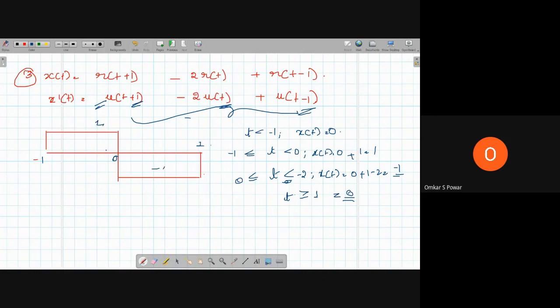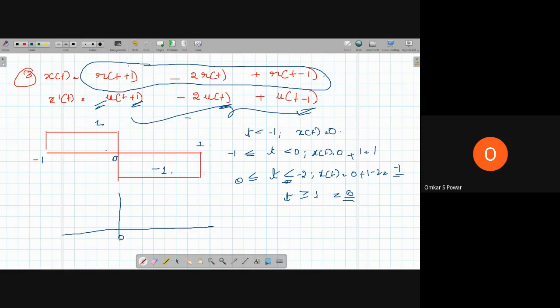So what I want you to observe is, if you want to plot this ramp function t plus 1 at t is equal to 0, you get this one. I'll show you. This is your 1 plus t, and this is your 1 minus t.